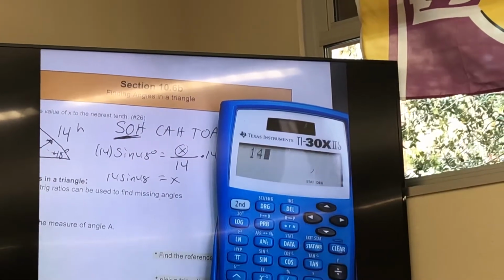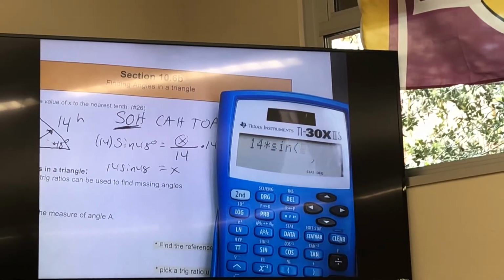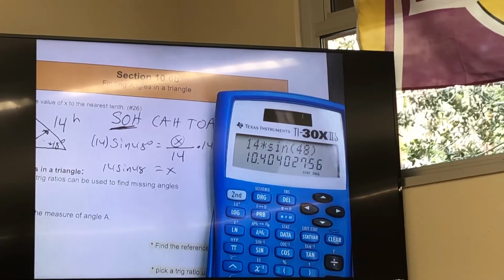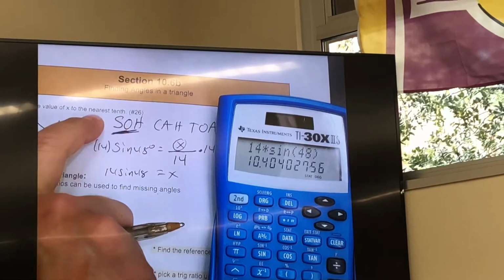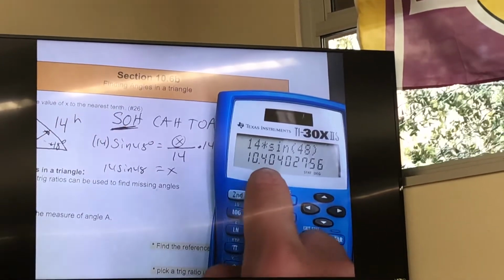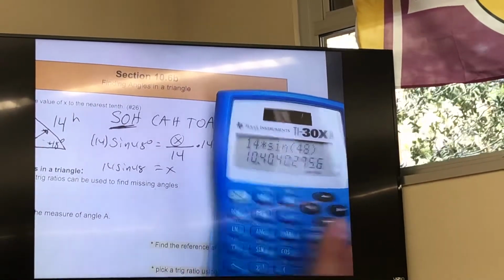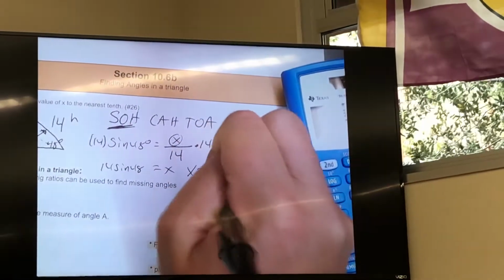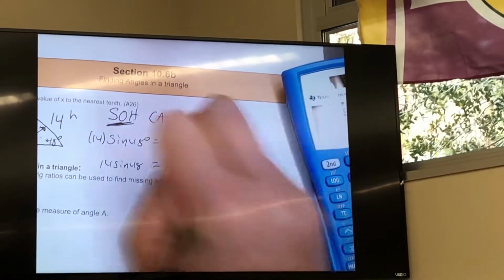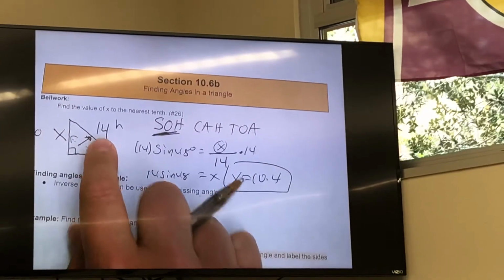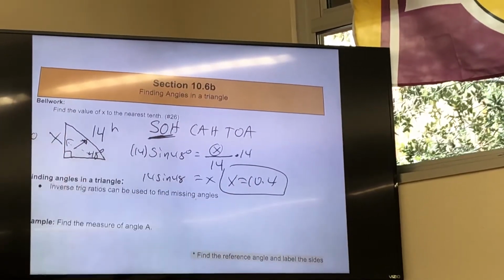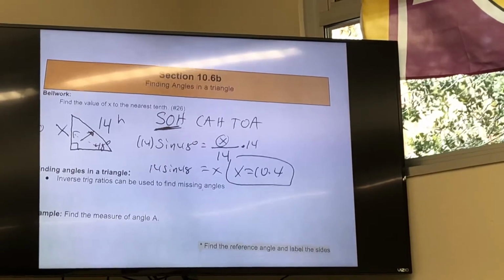We do 14 times the sine of 48, which gives us 10.4. It says the nearest tenth, so x equals 10.4. That makes sense as an answer, because the hypotenuse is 14, which is the longest side, and one of the legs being 10.4 makes sense.